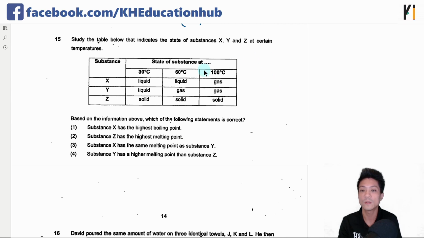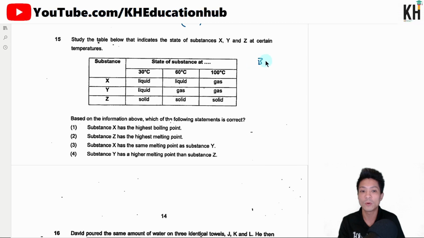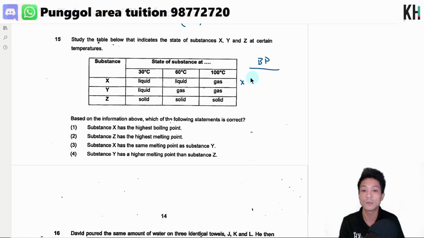I'm going to write down the boiling point over here. For X, boiling point is the temperature where it changes from liquid to gas, right? So it'll be here, boiling point.